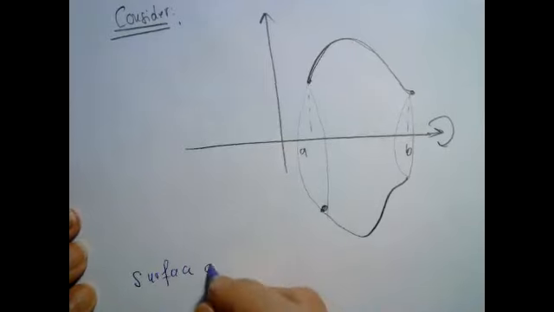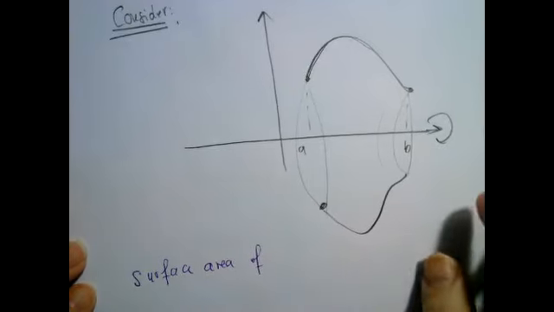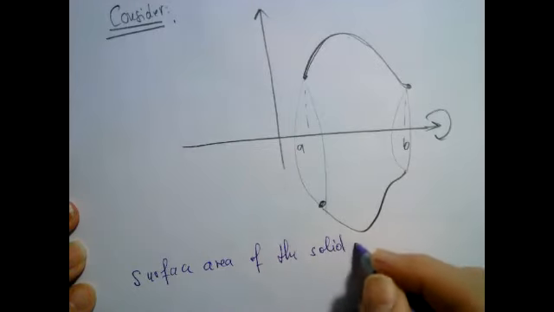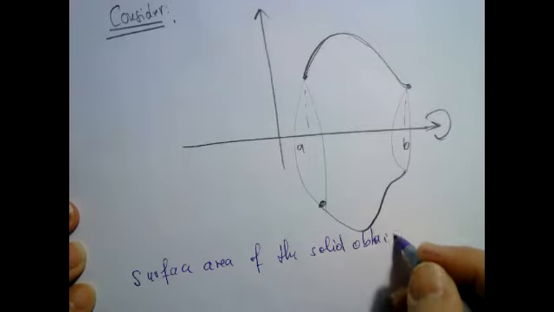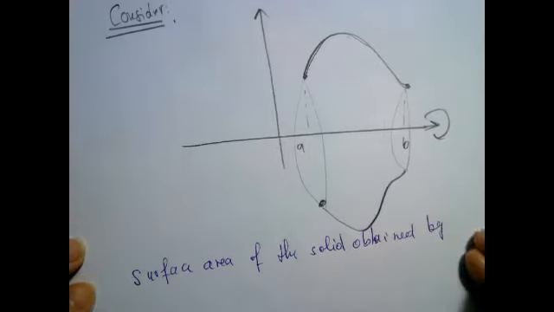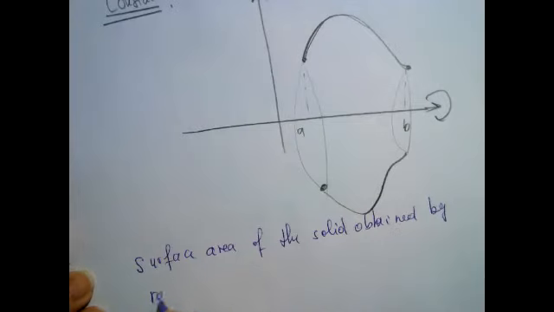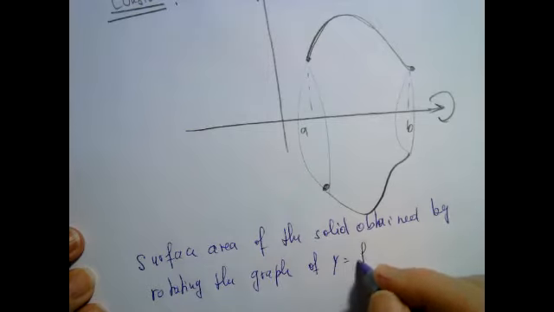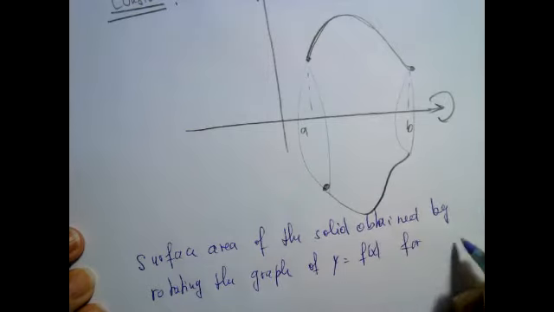So surface area of the solid obtained by rotating the graph, only the graph, of the function y equals f of x for x between a and b about the x-axis.